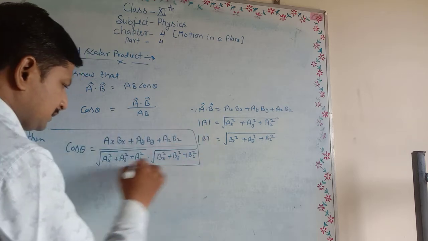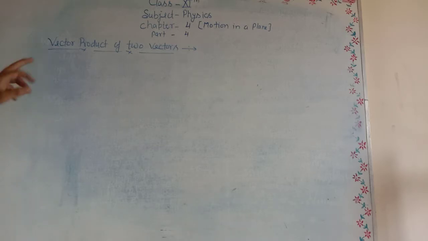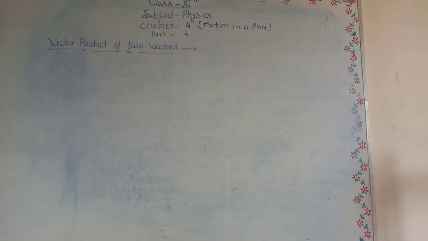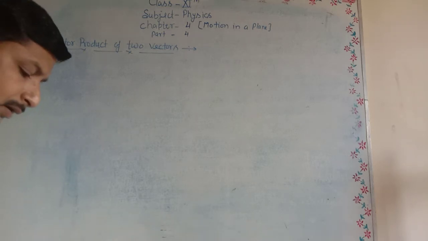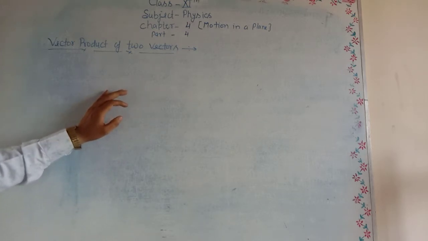Okay students, I hope you are understanding the properties of scalar product. So dear student, next topic: vector product of two vectors. The vector product is also called the cross product.